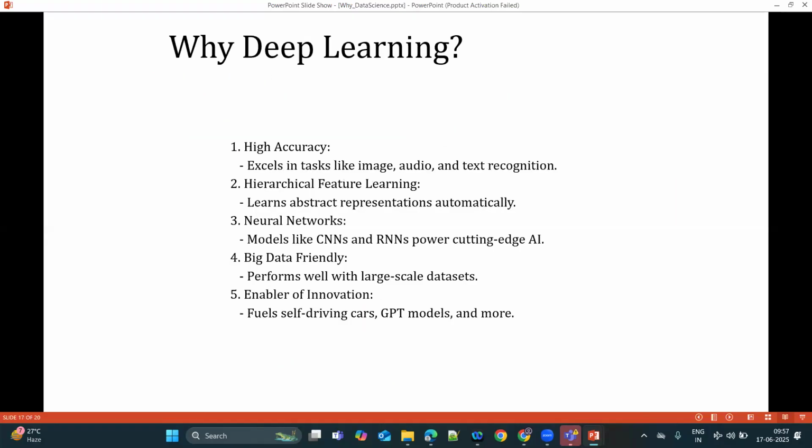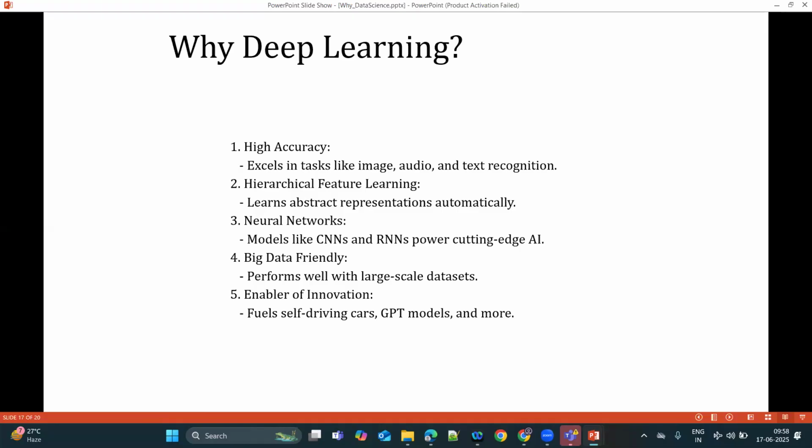Similarly, deep learning. How we teach a pattern to the machine is machine learning. Whereas in deep learning, we mimic and make the machine work like a human brain, in simple words. We use deep learning to get higher accuracy than traditional ML algorithms.